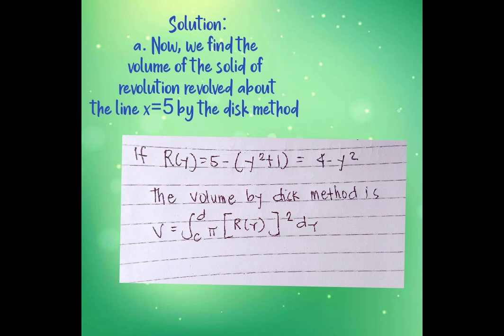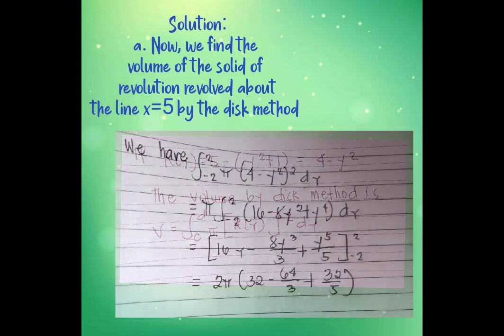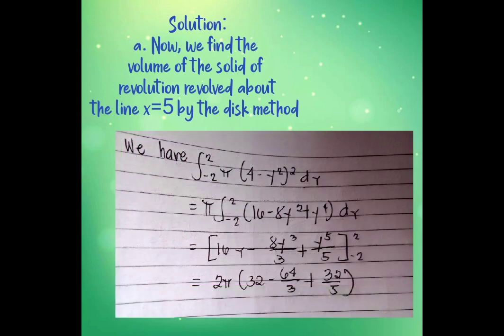minus y squared. The volume by disk method is the integral of pi, the outer radius squared dy. Using substitution, we have the integral of pi times 4 minus y squared, squared dy, which is equal to pi integral of 16 minus 8 y squared plus y to the 4th dy.